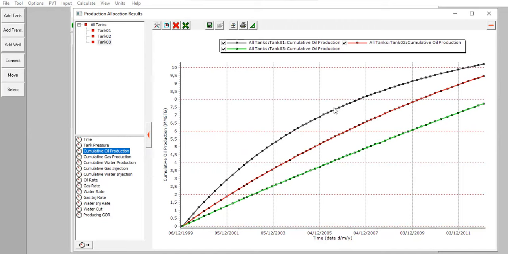And that is also why we will have oil decline faster in tank 1. First, because the size of the reservoir is smaller for tank 1, but also because the production rate resulting from the higher productivity index is also higher.